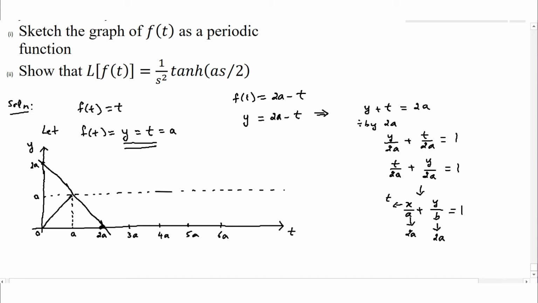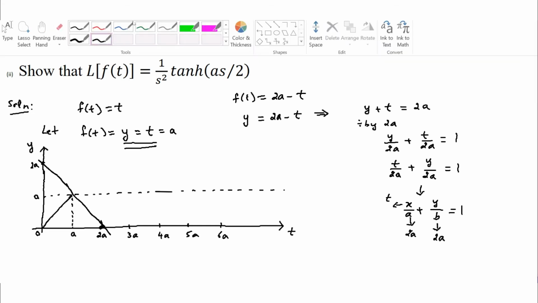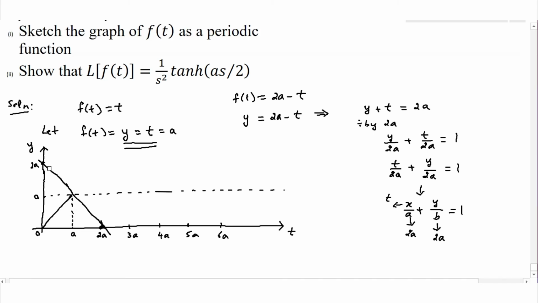It's not exact, you can use the scale and draw it. It will meet at a and 2a. I'll erase the line above to get the scale. Alright, so you can see you have got one cycle, 0 to 2a.